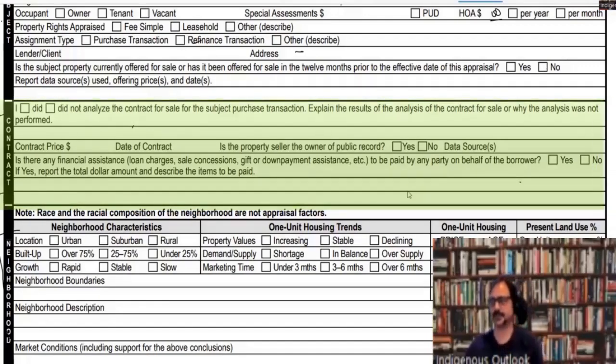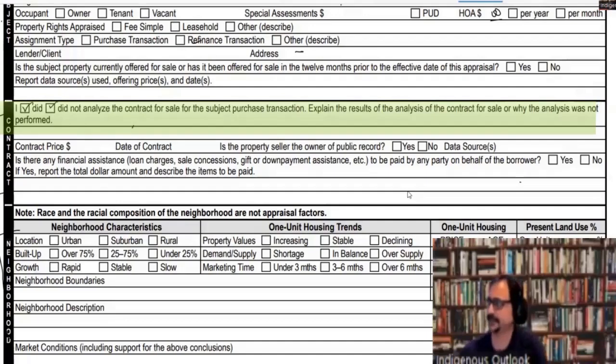Here the appraiser is going to declare whether he did or did not analyze the contract. If he checks here, that means he did not; here means he did check. So, I did analyze the contract for sale for the subject property transaction. Whenever our setup or processing team orders an appraisal report for a purchase case, as per the guidelines the appraiser should get a copy of the purchase contract.